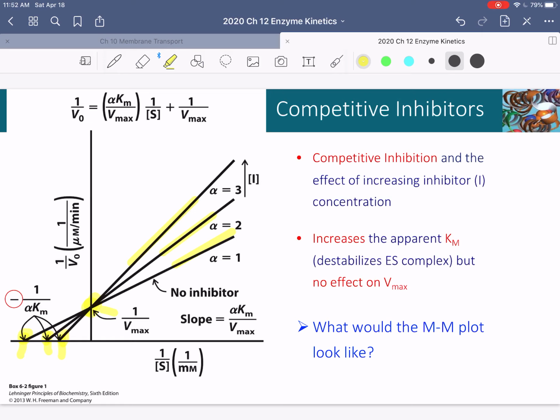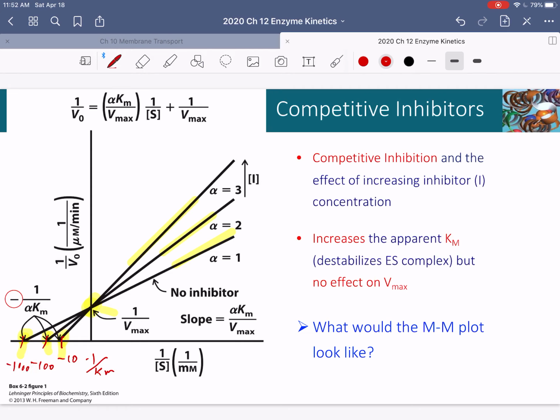Now, when we look at the numbers, this is a negative number. This would be, let's say, negative 10 for minus 1 over Km, right? This one could be minus 100, and this one could be minus 1,000, right?